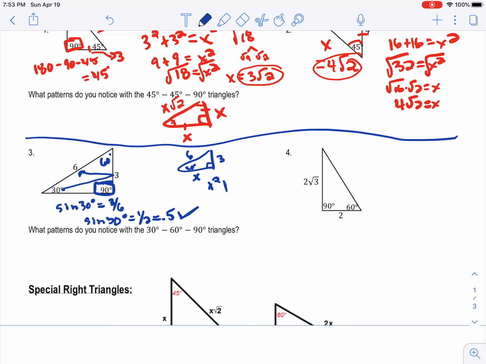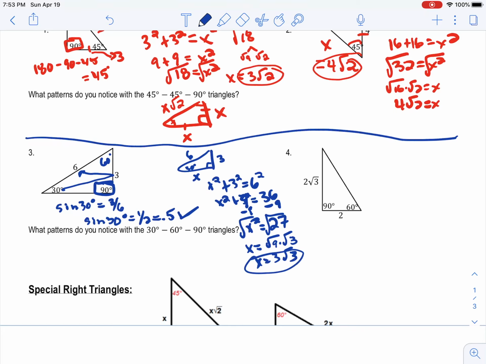So we have x squared plus 3 squared equals 6 squared. x squared plus 9 equals 36. Minus 9 and 9, x squared equals 27. And if we take the square root of that, we get square root of 9 times square root of 3. So that's 3 square roots of 3. That's our other side. Okay?